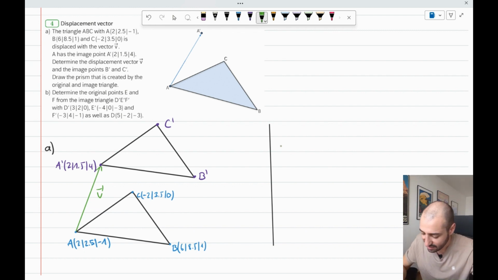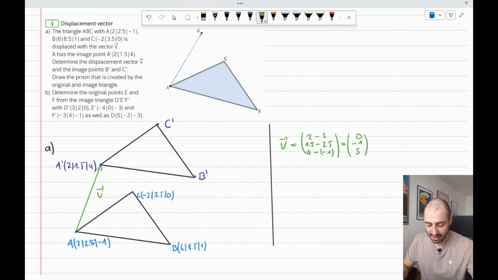So the displacement vector v, that's just the coordinates of A prime minus the coordinates of A. So it's 2 minus 2, then 1.5 minus 2.5, and minus 1, or 4, this one, minus 1, and we calculate that, and we will get 0, minus 1, 5.